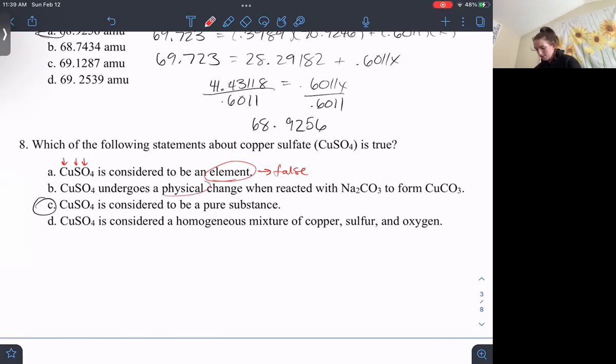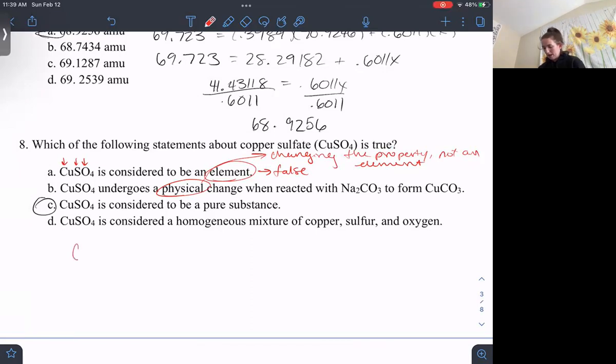So a physical change means that we're changing the property, not an element. If we're saying a physical change, it would be ice going to water or water going to gas, right? We're changing one of those physical states.